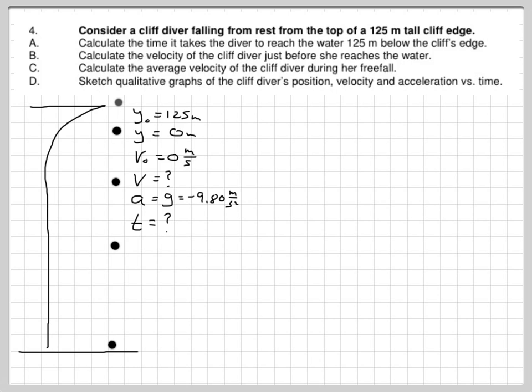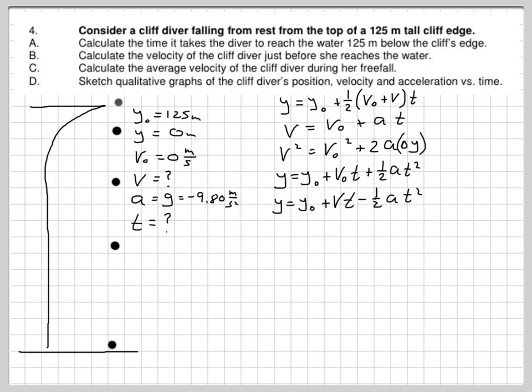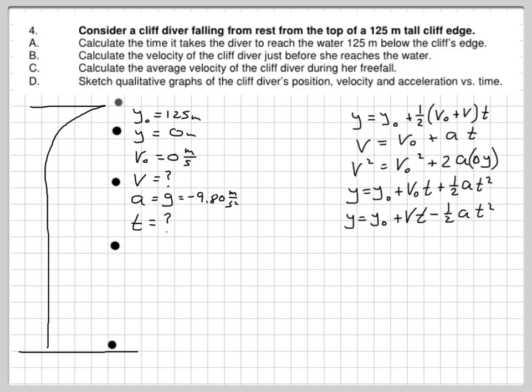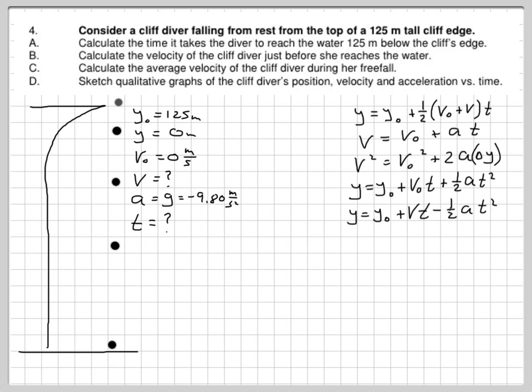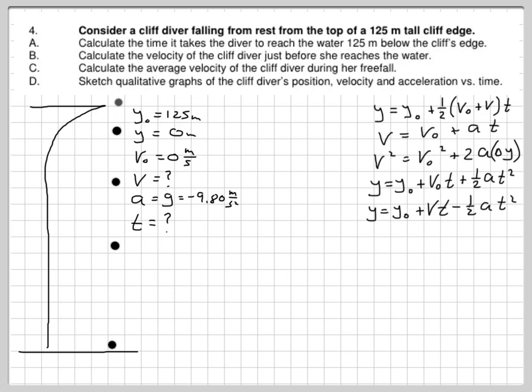So those 6 kinematics variables are going to help me consider these concepts over here. So which of those 6 kinematics variables here have time but no final velocity?